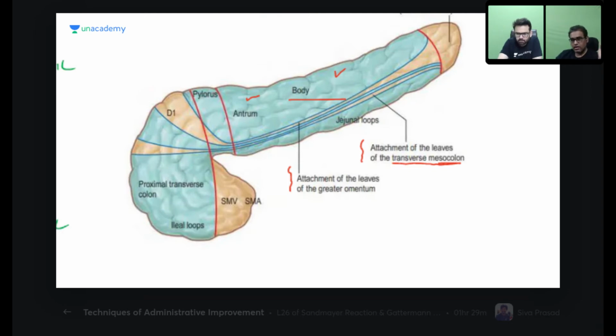Very good, Chino. That is malrotation. Remember, the midgut loop axis was your superior mesenteric artery, and the whole 270-degree rotation was around that axis. So if you change this axis, if you put SMV on the left side of the SMA, you have an idea that there is some degree of malrotation in this patient.